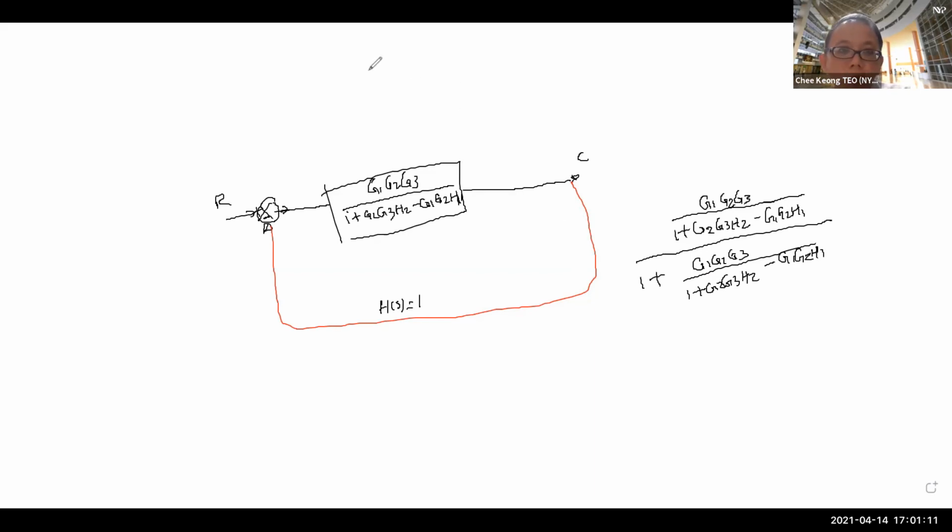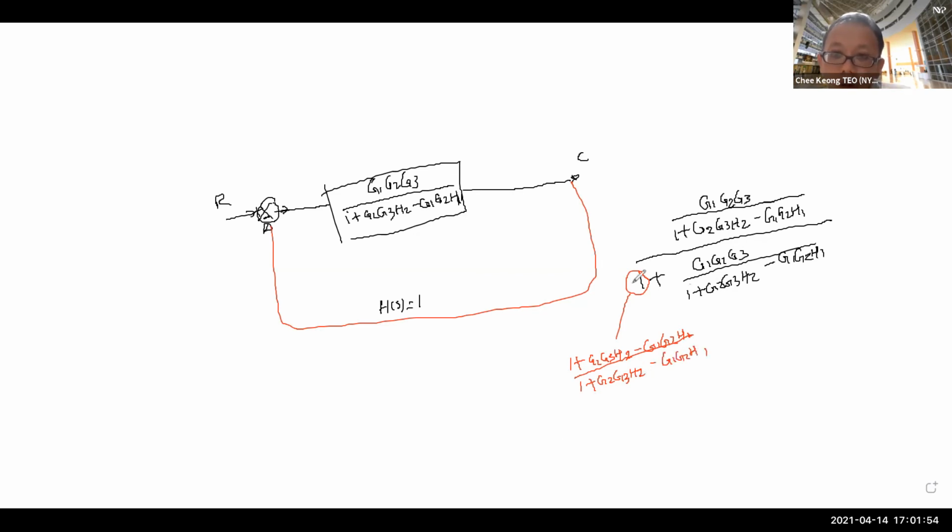Again, your main problem is to do the conversion of this number 1 here. Number 1 you put to the same denominator, 1 plus G2, G3, H2 minus G1, G2, H1, over itself, over 1 plus G2, G3, H2 minus G1, G2, H1.